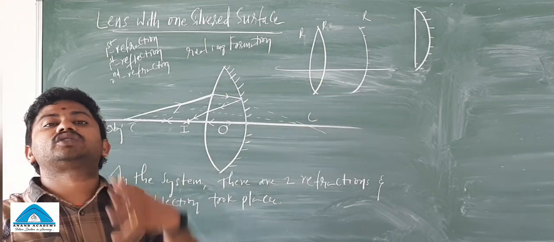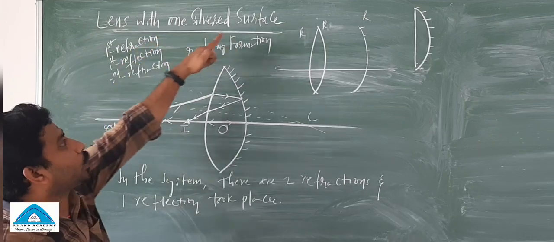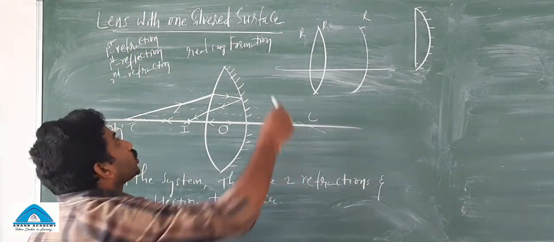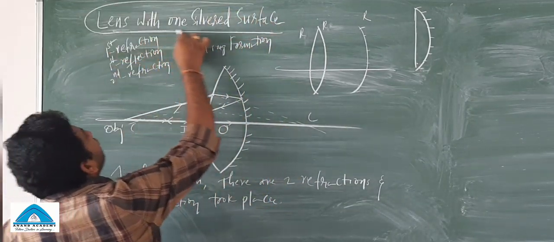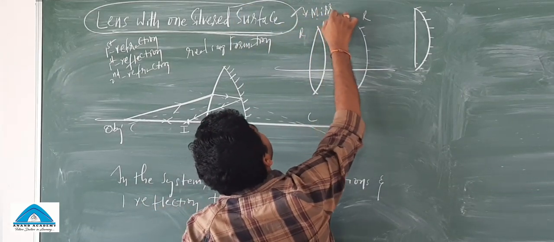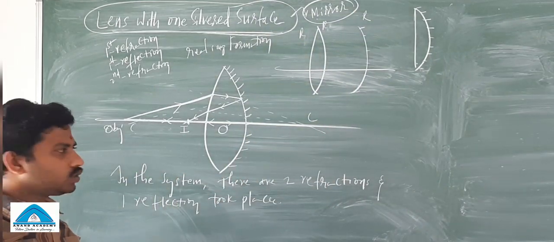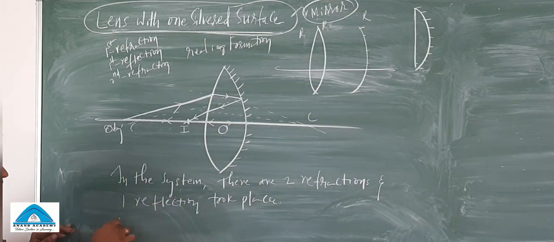So what I am going to tell you is, whatever may be the system where lens with one silvered surface is there, that system will behave as a mirror. The final system behaves as a mirror. I am writing the same here.